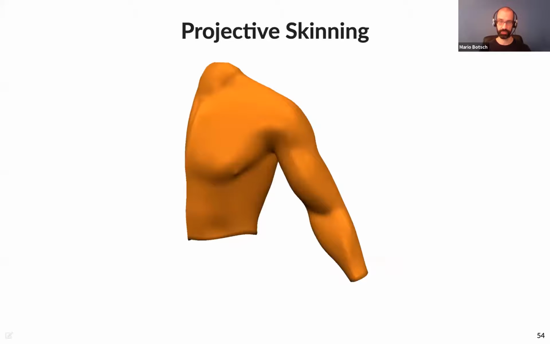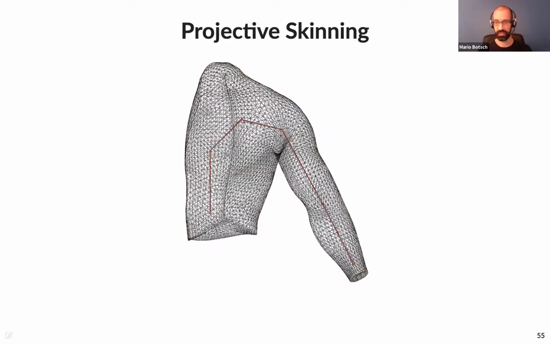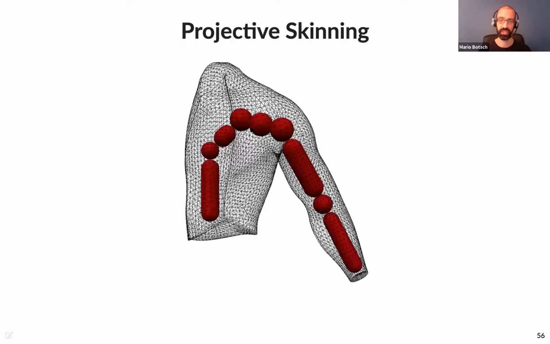So how does that work? Let's say you have a character and an embedded skeleton. Then the first thing we do is we turn these skeleton lines into a volumetric skeleton where we have spheres for the joints and cylindrical capsules for the bones.